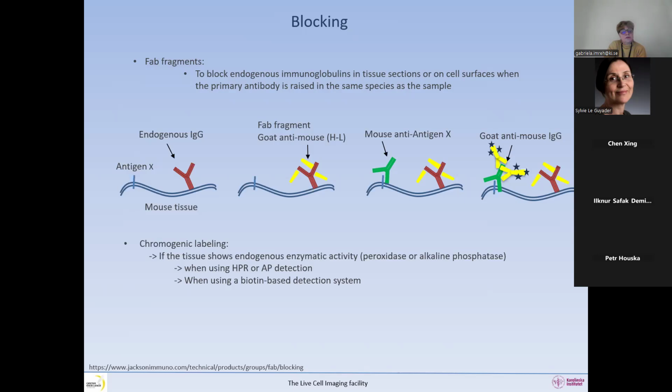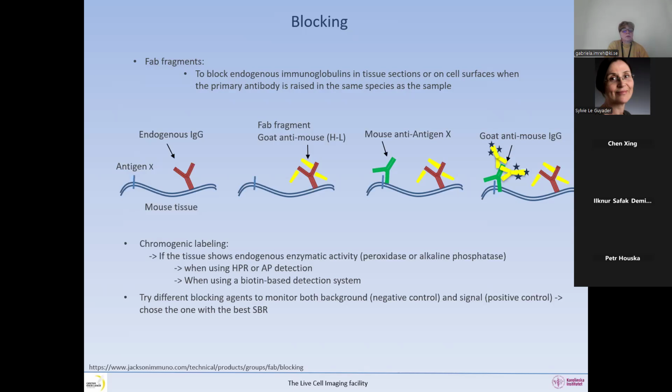Don't forget that even for chromogenic labeling you have to perform blocking, especially if the tissue shows endogenous enzymatic activities and you are using HRP, peroxidase, or alkaline phosphatase detection, and in some cases in biotin-based detection systems.